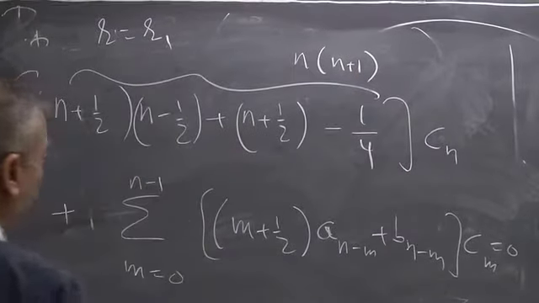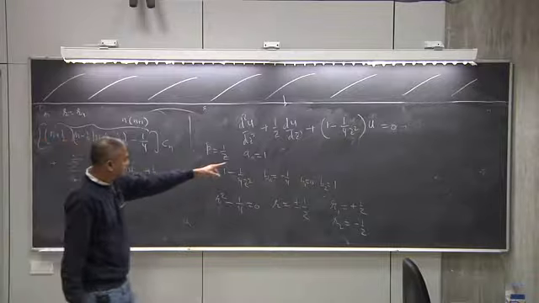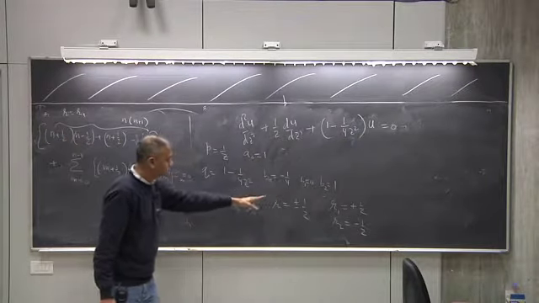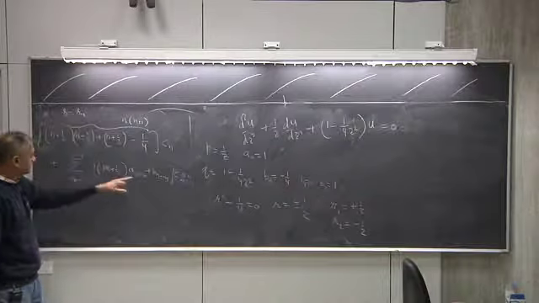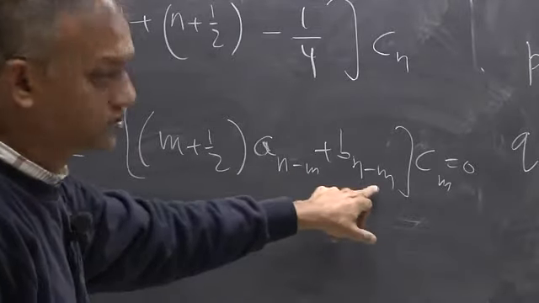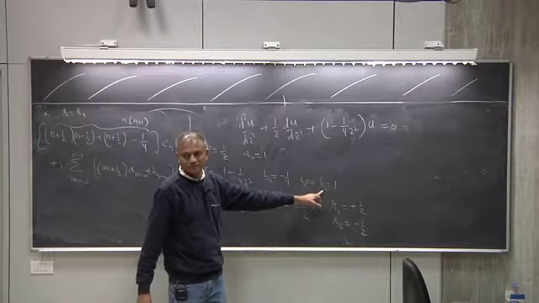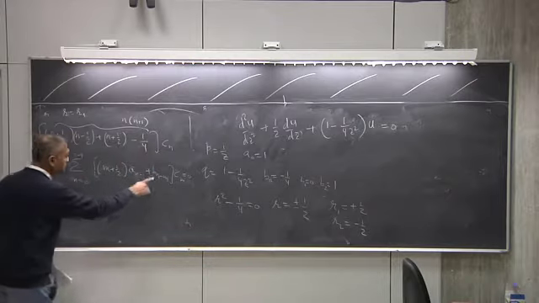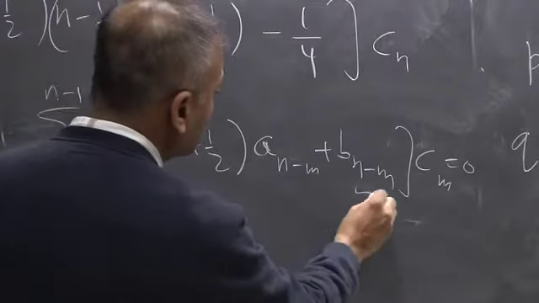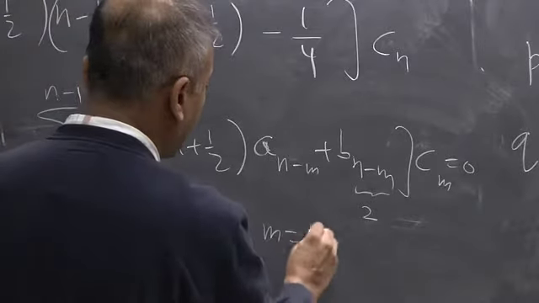So this whole thing is simply n times n plus 1 times C_n. And here in this sum, most of the terms are 0, because only a few terms are non-zero, right? In fact, this can never be 0 in this range. It's not ever a0 or b0. So the only other term which is non-zero is b2. That's the only term, right? So the only term which will appear is when this is equal to 2, which means m is equal to n minus 2.